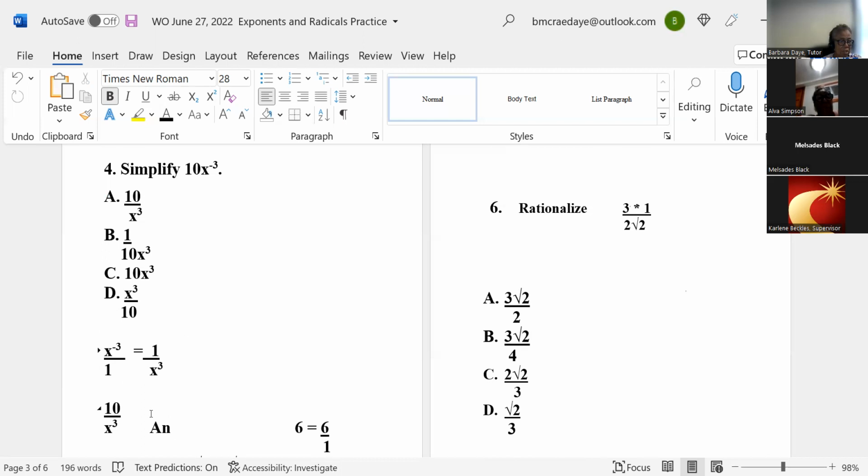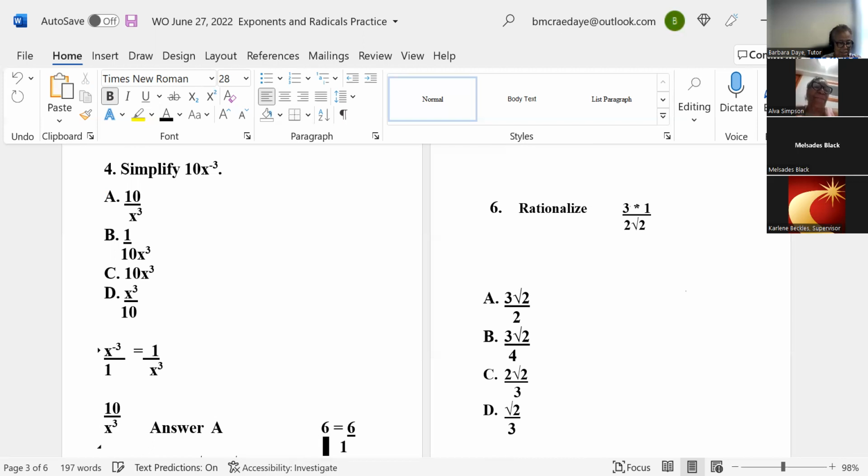No, the 10 doesn't go in the denominator. Mercedes, what did you get from what I just went over? The answer is A. Yes, remember, I didn't change my 10. The answer is A. The 10 stays where it is.